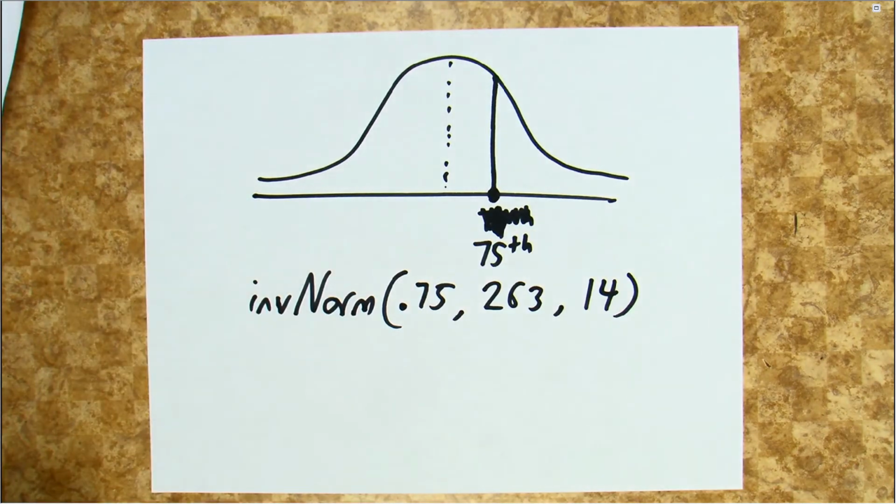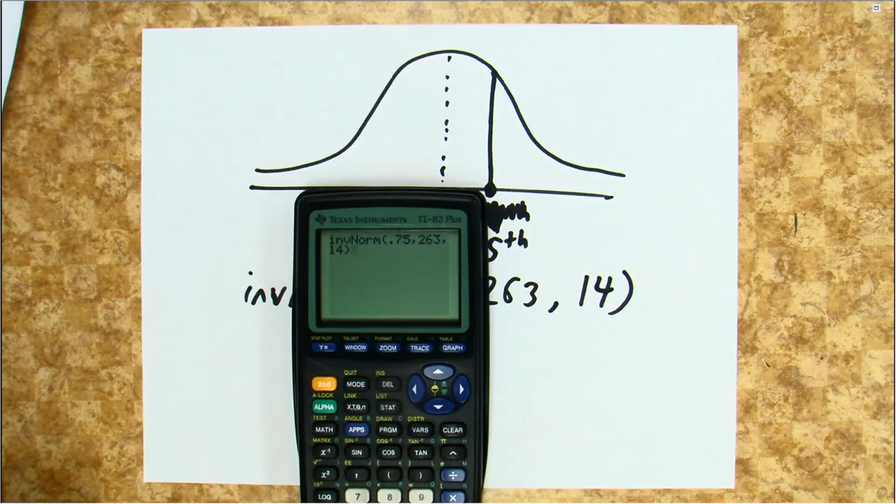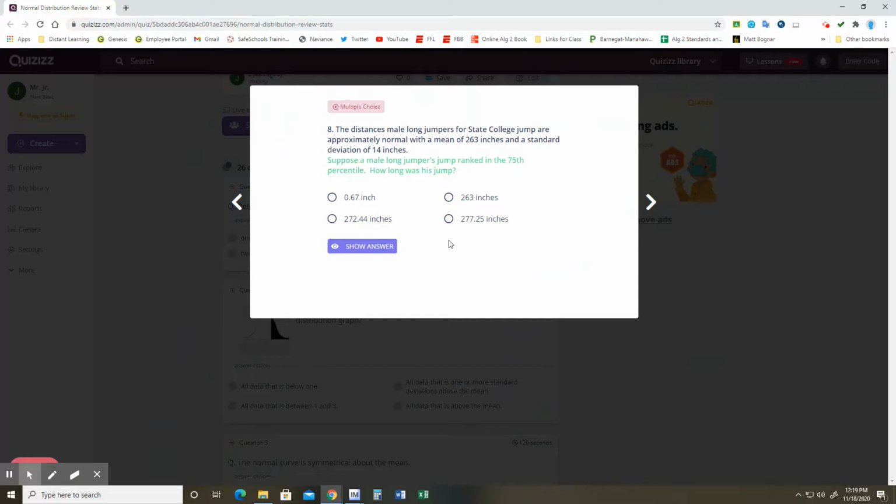If you did inverse norm 0.75, 263, 14, as I have typed right here, you can see that it spits out a data point of 272 and change, 272.44, which clearly is the answer that they're looking for.